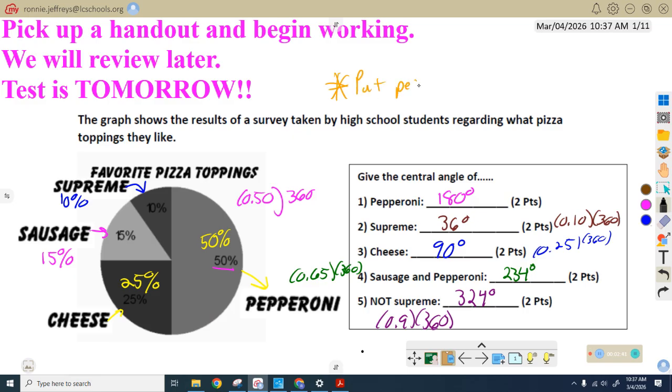On my orange sheet, I would probably say put percent as decimal and multiply by 360.